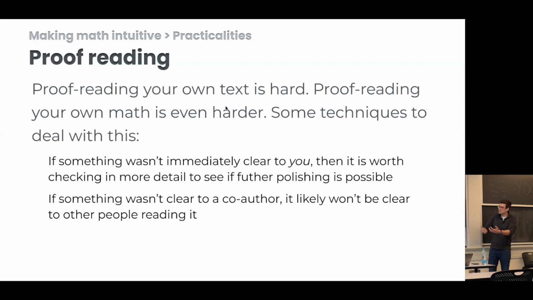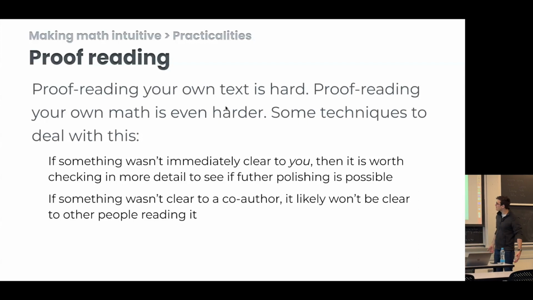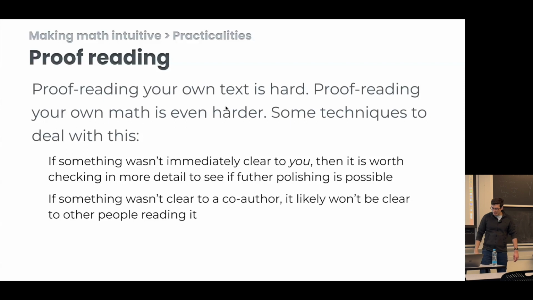Co-authors are in the meetings. You talk to them. They're much more aware of the work than anyone who is just going to sit down and read it. So if something is not clear to one of them, that's a really good signal that you need to invest more time polishing or improving it.